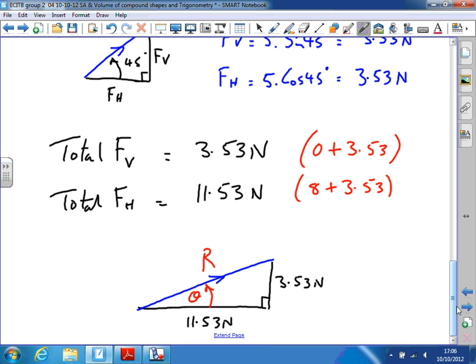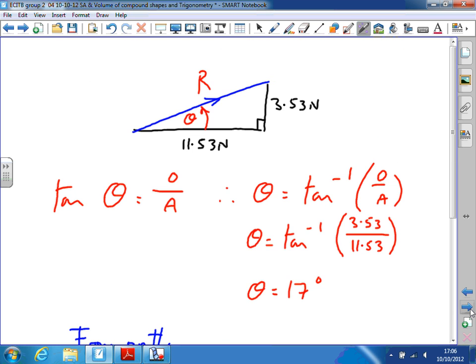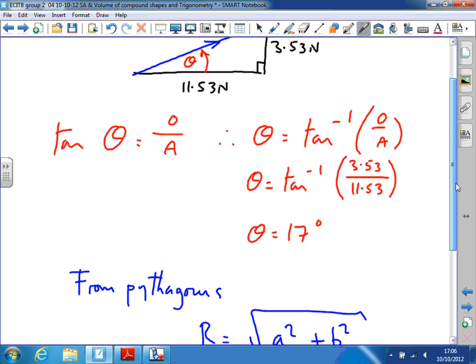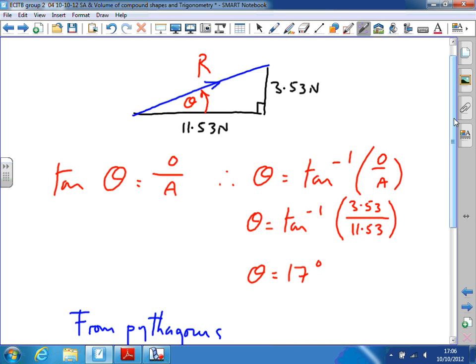And then finally, get to know these, please. It's always the same with these. If I'm after the angle, I use the tangent ratio, and theta is tan to the minus 1 of opposite over adjacent. So that's a good formula to remember.